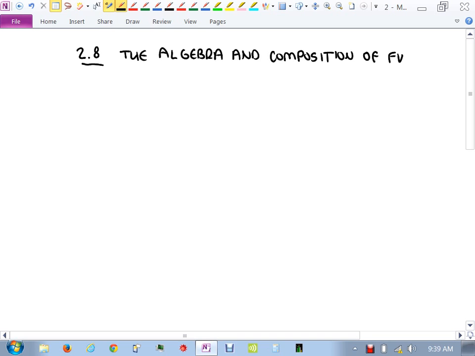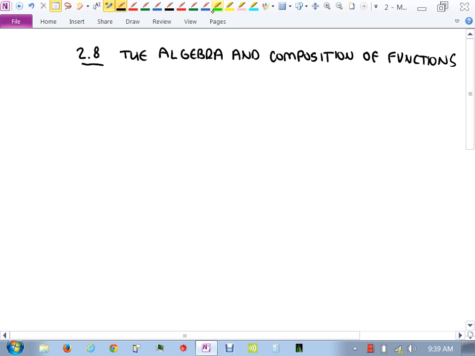Maybe at the end of the semester, if we have time, we'll come back to it, but we can live without it. 2.8 is called the algebra and composition of functions.